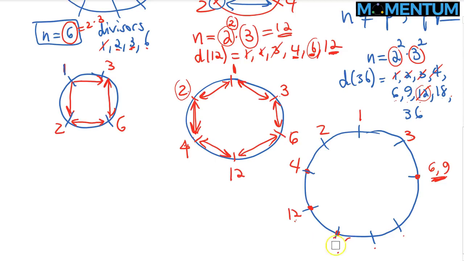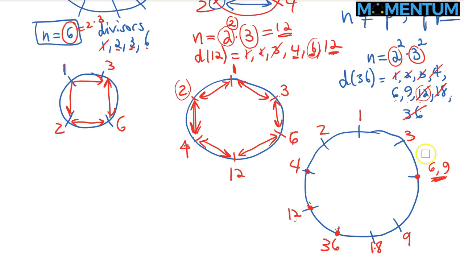Let's try 36 first, and then we can try 6 as well. So if I try 36, well, these two are prime related, 12 and 36. So we use 36 as well. Then maybe I can put an 18 here. So 18 is good. And then I can put either a 9 or a 6.